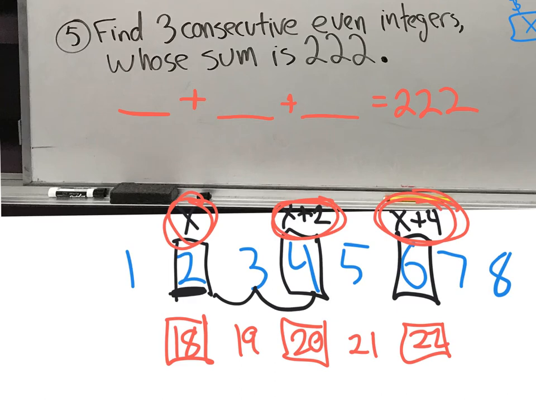Nope. So what do I call it? X. Now, whatever even number it is, it could be 18, it could be 28, it could be 36, I don't know. But whatever that even number is, the next consecutive even number is going to be x plus 2, that's right. And the next consecutive even number is going to be x plus 4. It's going to be that original number, but plus 4. That's right.